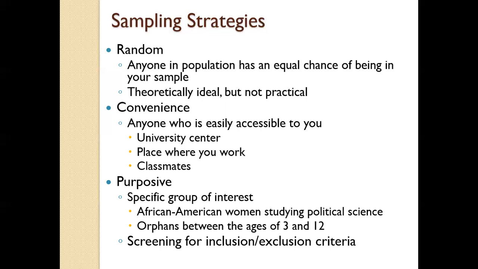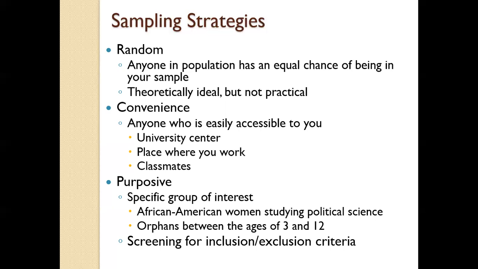In some cases, you can screen for inclusion or exclusion criteria by sending out a brief survey before you actually collect the majority of your data from your participants, simply asking if they have the particular characteristics you are interested in. Other times, people will go specifically to population areas where you know that these people will be.